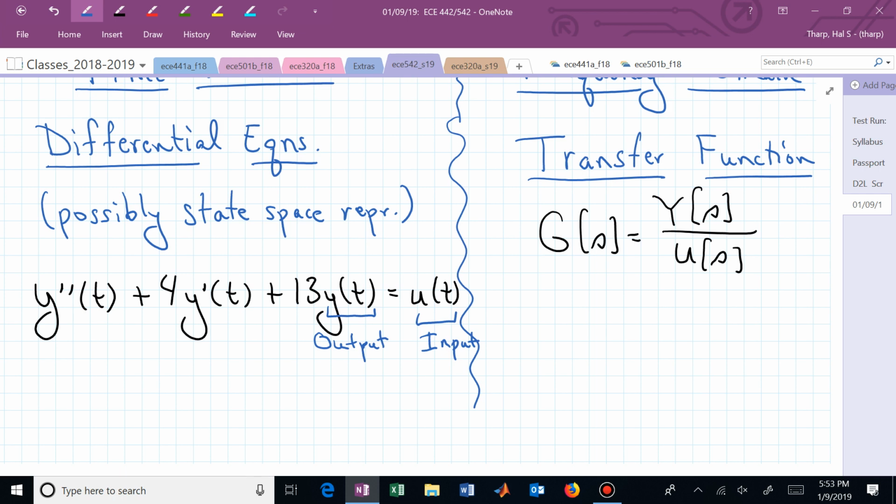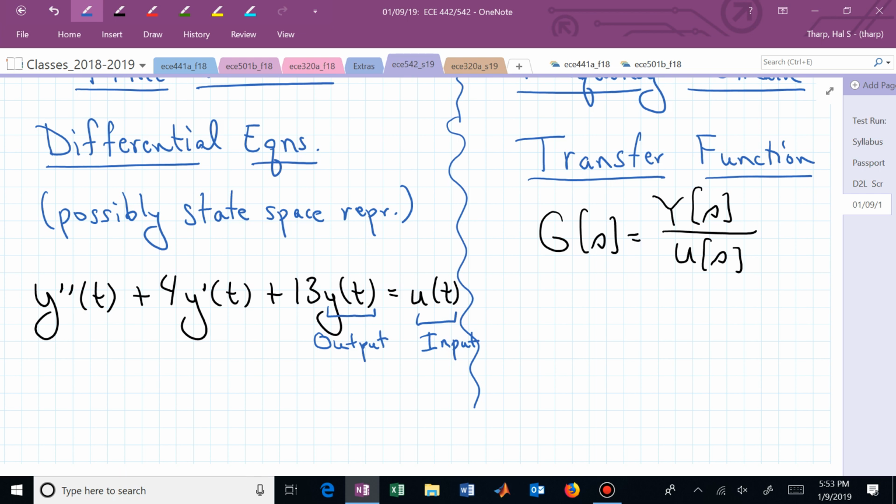Second order. We have 2 derivatives, so what should we be expecting in the transfer function G of S? What does that second order indicate to us? Pardon? If something's second order, then we have a second order polynomial where? In Texas, or is that polynomial located in Colorado?